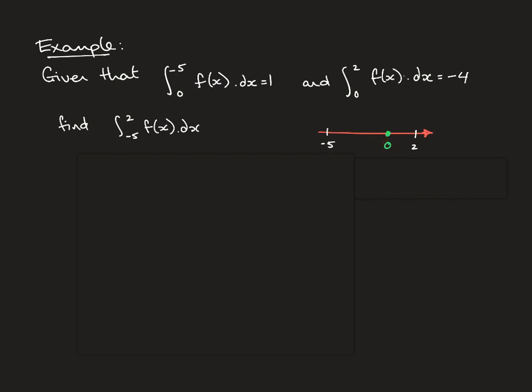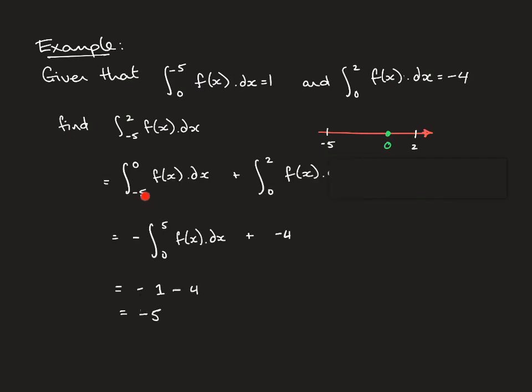So we can split our integral, in the correct order from smallest to largest, into negative 5 to 0 of f of x dx, and 0 to 2 of f of x dx. Oops, there we go, move that to there. Okay, so now we can use what we know. This is this with the terminals swapped.